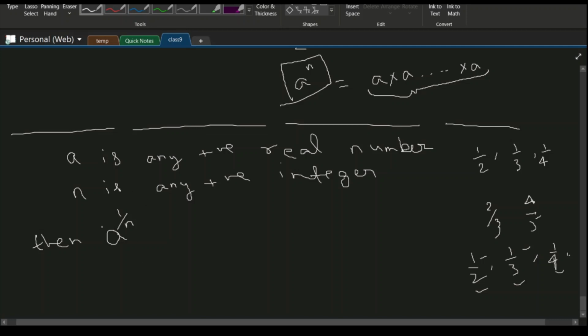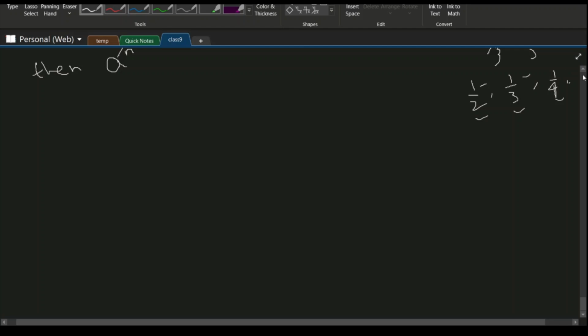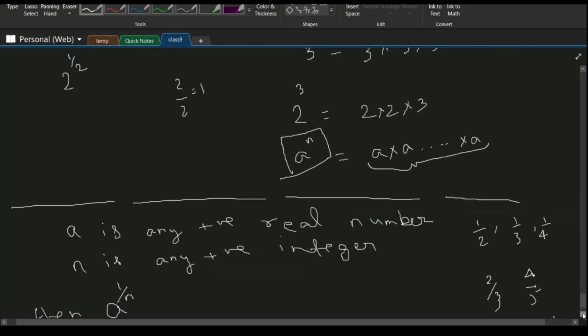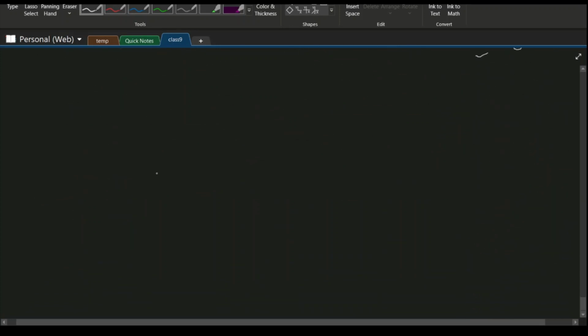Okay. So first of all, how do we read this? For example, when we write a and put a power as n, how do we read this?